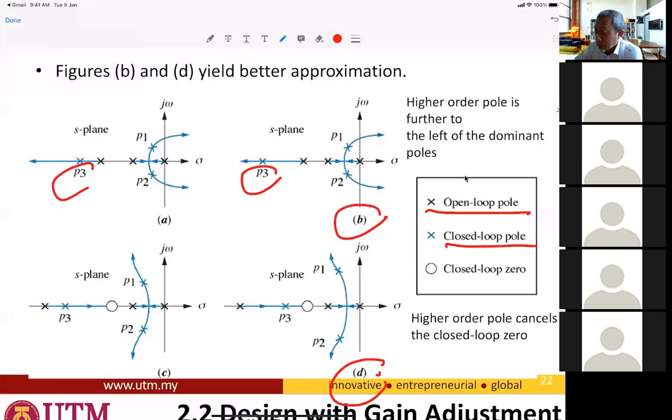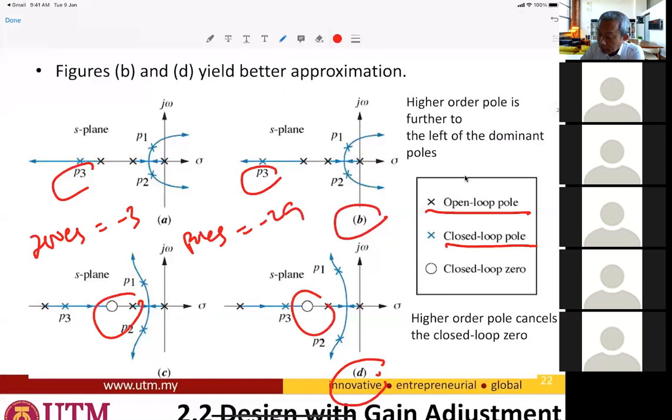So higher order poles can cancel the closed loop zeros when close together. For example, the zero is at -3 and the pole is at -2.9. They are very near together, so this can be cancelled because the values are very near to each other.